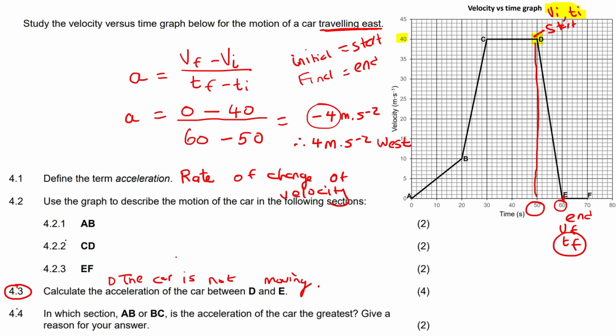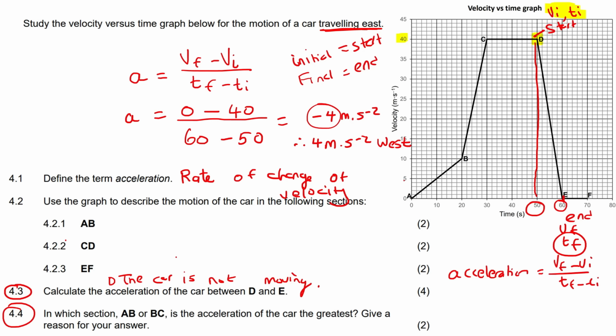And then this question here says, in which section, AB, so this part here, or BC, is the acceleration the greatest? Well, this is an easy one. Let me explain. We know that acceleration is change in velocity over change in time.